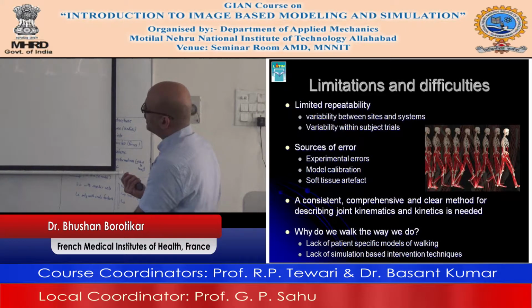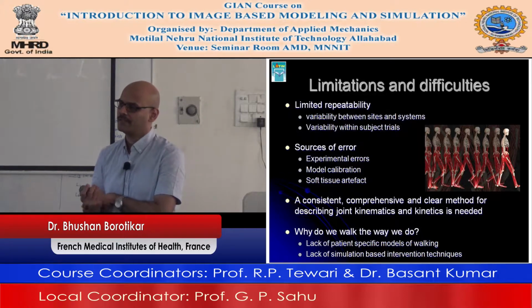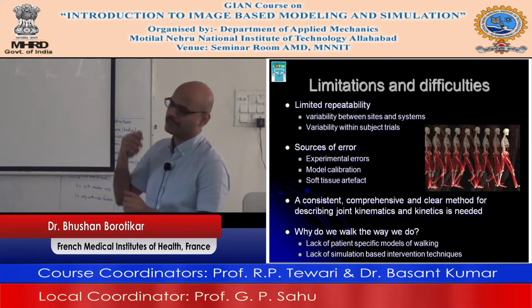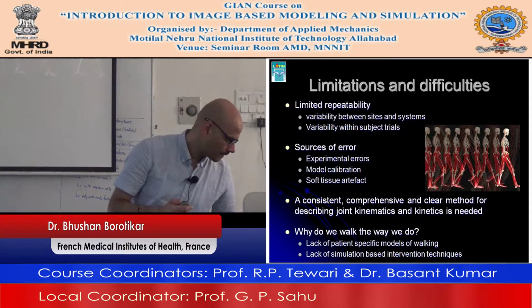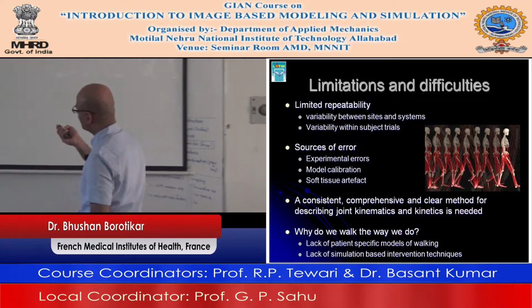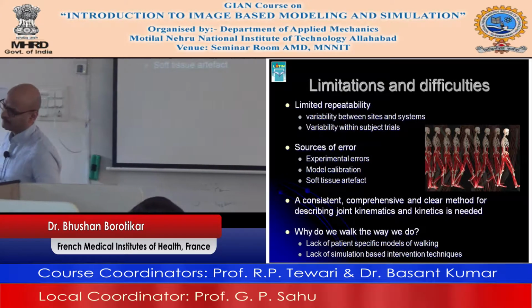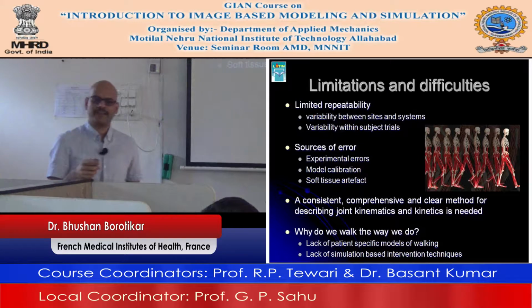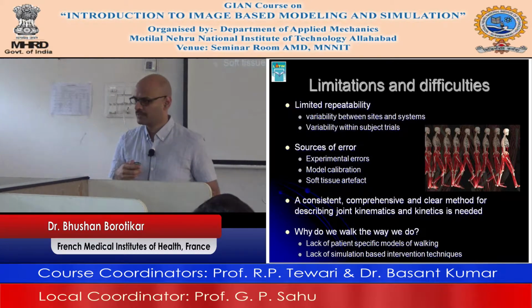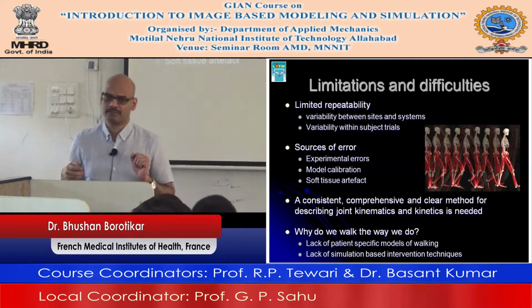And then there is variability within subject trials, which also introduces some limitations. Sources of error: experimental, model calibration, and soft tissue artifact. Soft tissue artifact is the one I talked about: the skin and the bone underneath.